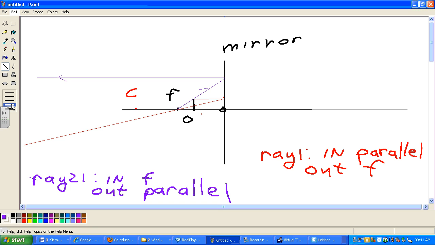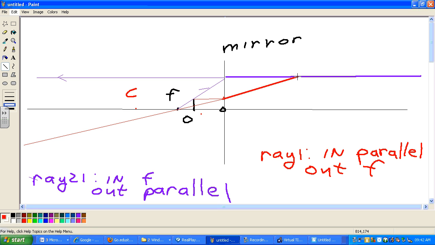So if I project that ray backwards, like in this direction, and I project this ray backwards, it looks to me like where they meet is behind the mirror.